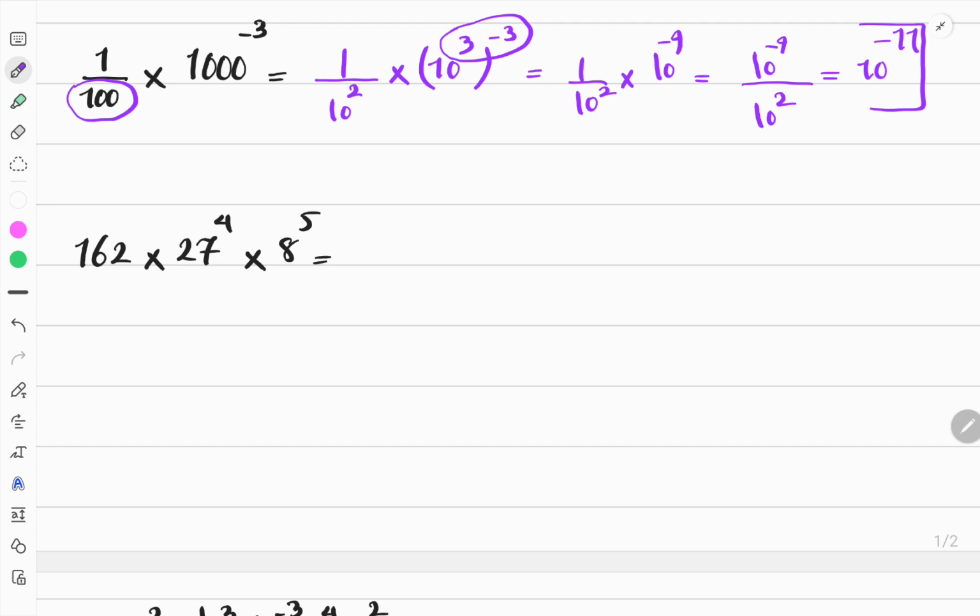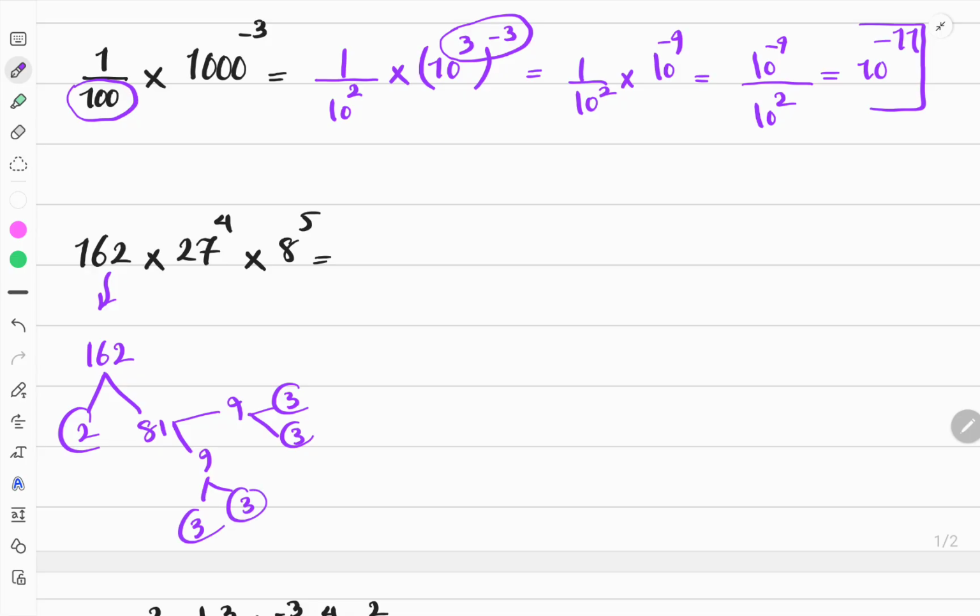So far so good. This one is a little tricky because there are no equal bases or powers, so I'm just gonna factorize 162 using factor 3 in order to find all prime factors. 3 times 3, 3 times 3.